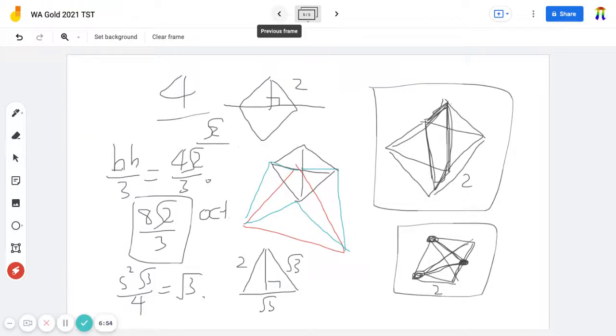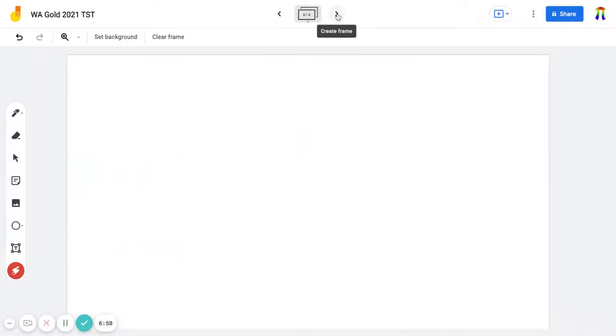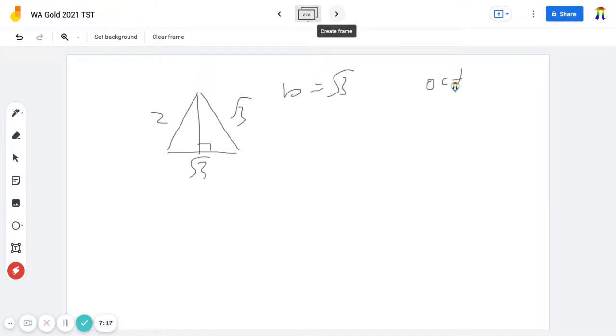Let's go into the next slide. Just to copy over: the base is square root of 3, and the octahedron has volume 8 times the square root of 2 over 3.